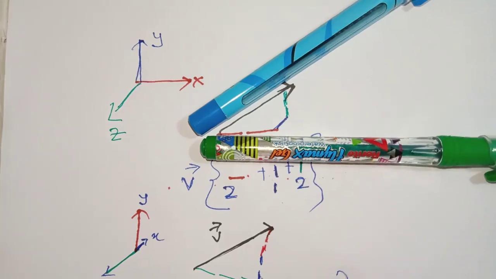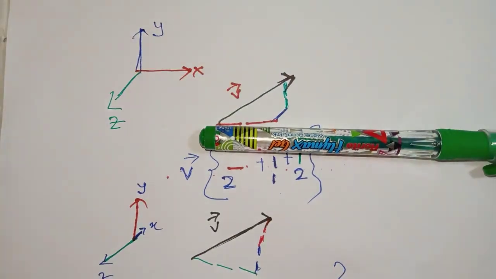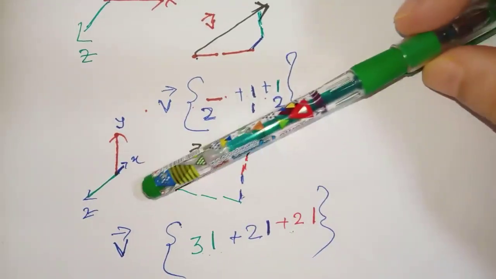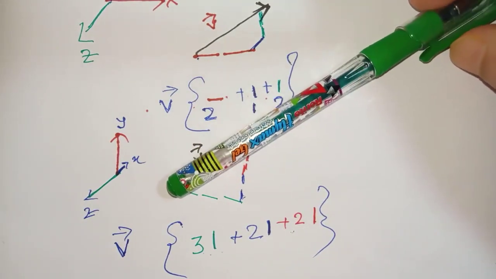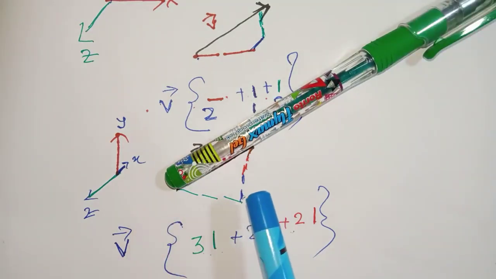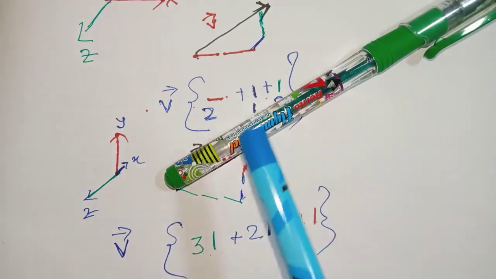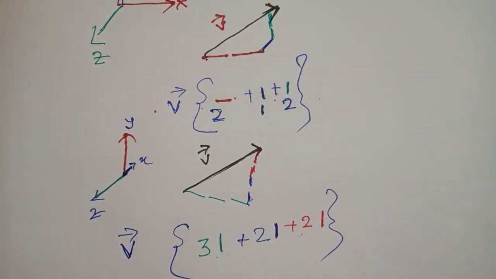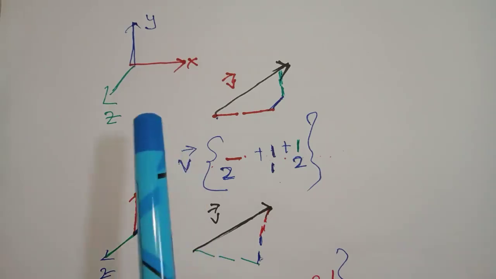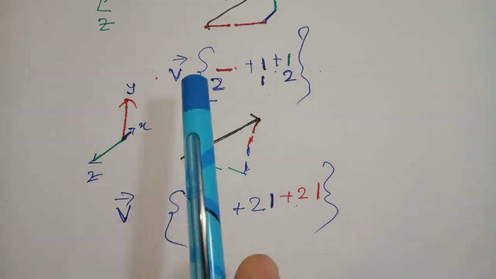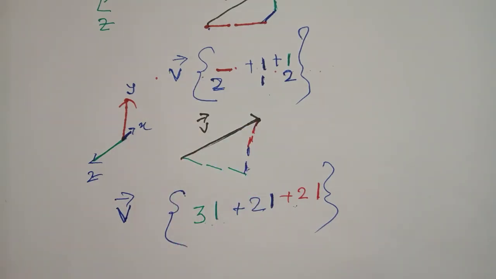Whereas if you see in this part of the coordinates, where I have made a change in the coordinates, this same vector which is pointing towards this would require 1, 2, 3, then 1, 2, and then 1. So what I am trying to show here is that with the change of the coordinate system from x, y, and z to a different x, y, and z, we got changes in the components of the vector.